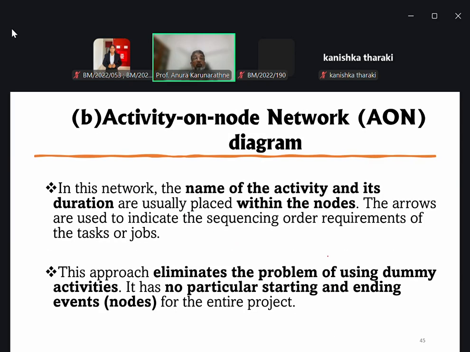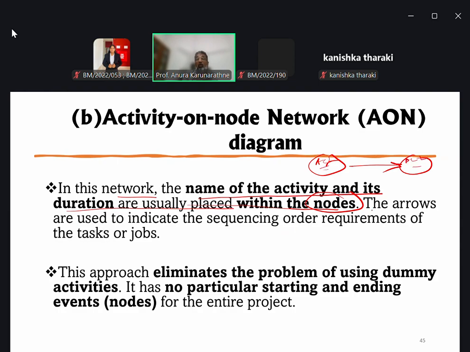Here is another one, activity on nodes. Now you can understand the difference between them. In this network, the name of the activity and its duration are usually placed within the node. This is the activity, and the time is also recorded with the node.